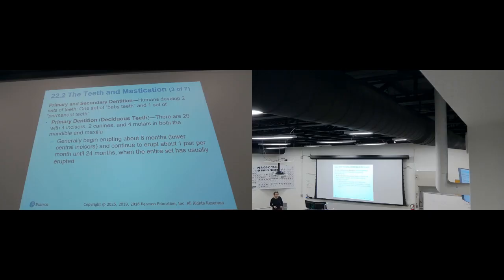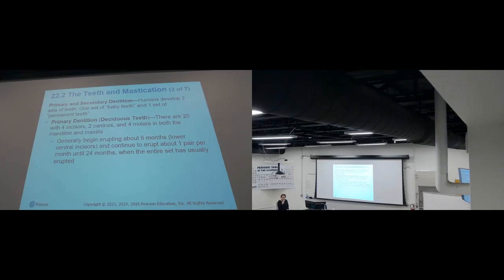In primary dentition, we have 20 teeth, we don't have 32 like in permanent. So we don't have premolars, and we have 4 incisors, 2 central, 2 lateral. We have 2 canines, and then we have 4 molars, first and second. And then they begin erupting around 6 months of age.